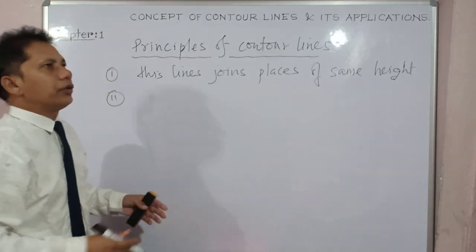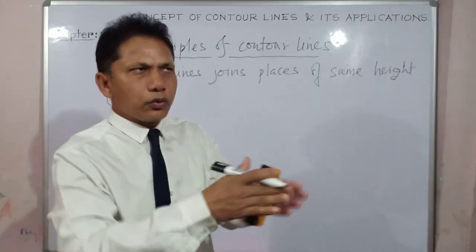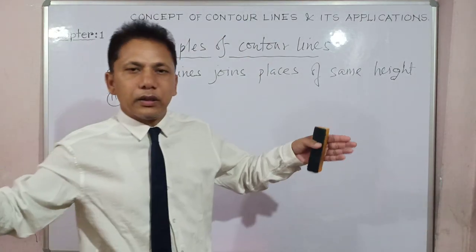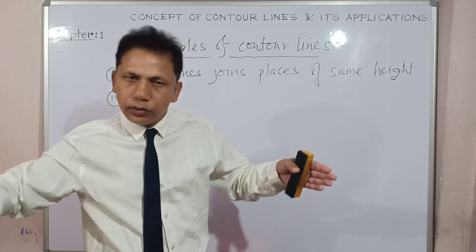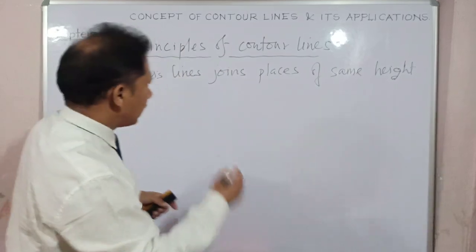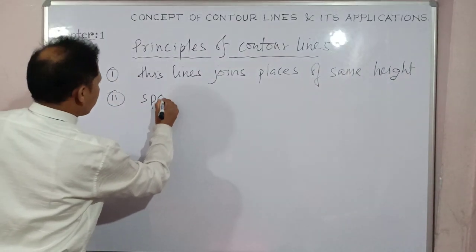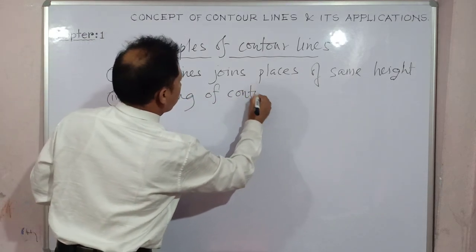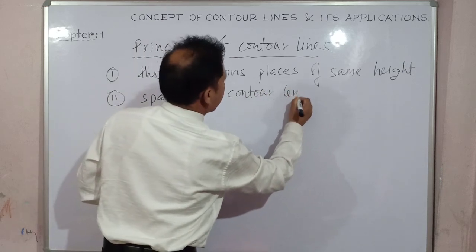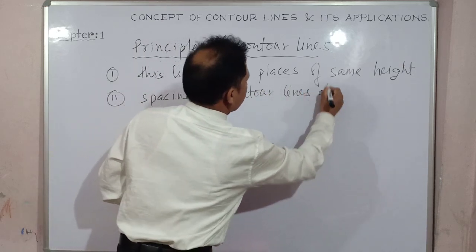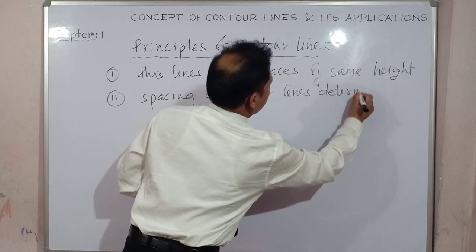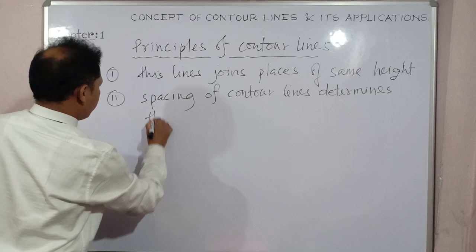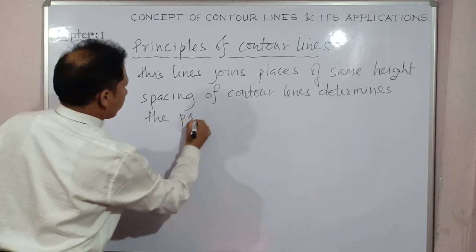Now, spacing of contours. As I have said, closely spaced contours show steep slope, widely spaced contours, far apart from each other, show gentle slopes, you know it, right? So that means the spacing of contour lines determines the pattern of landform.